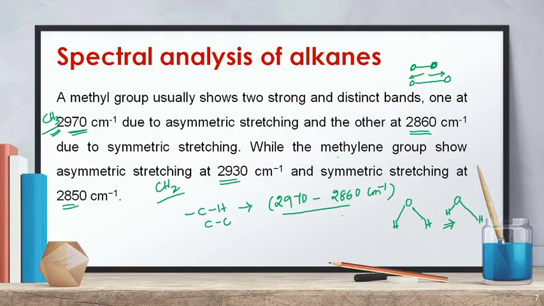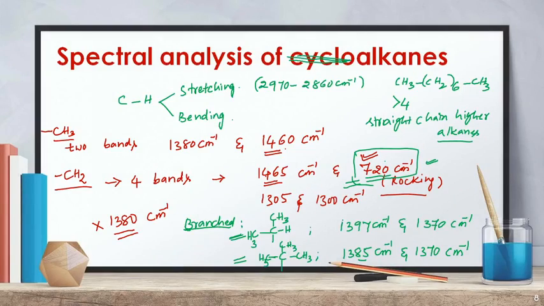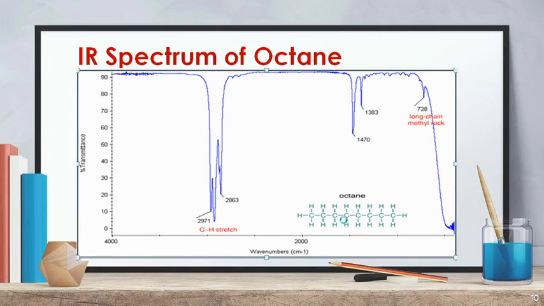Now I would like to show the spectrum of an alkane. See here, this is the spectrum of octane. On the y axis we have taken percentage transmittance, and on the x axis we have taken wave number.